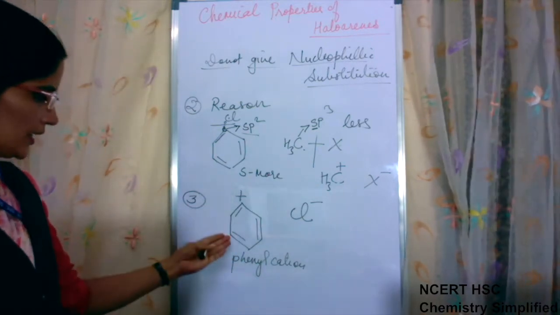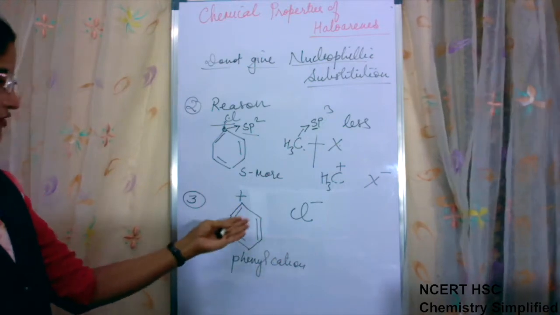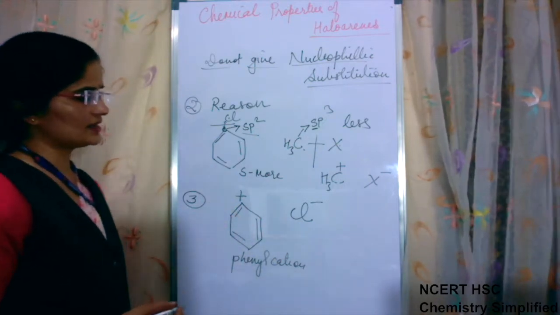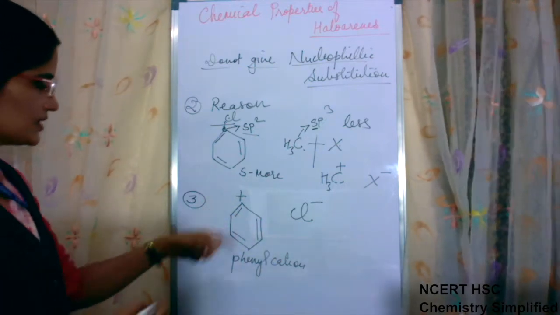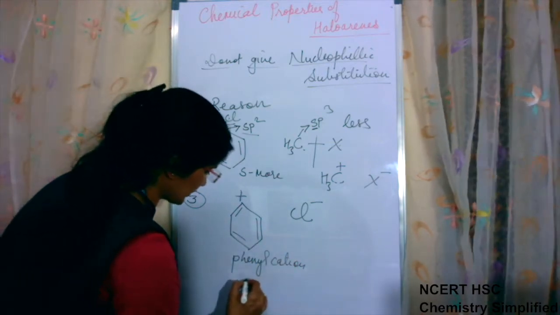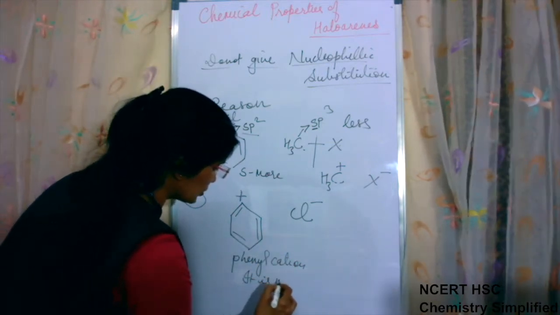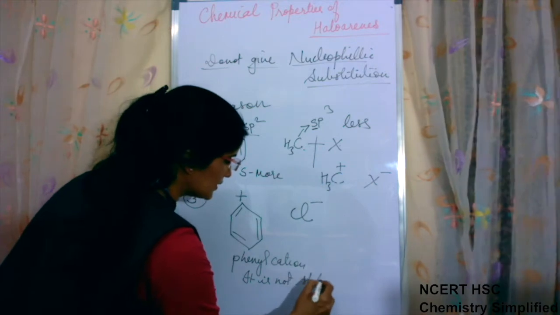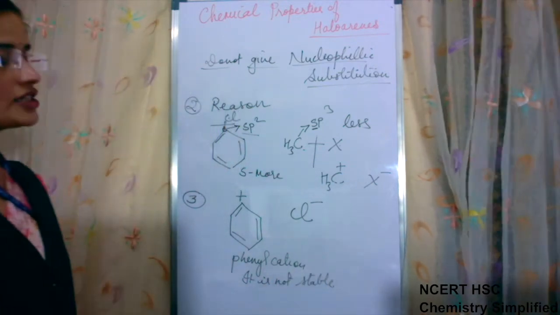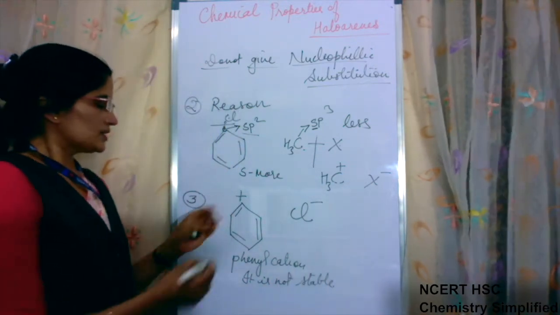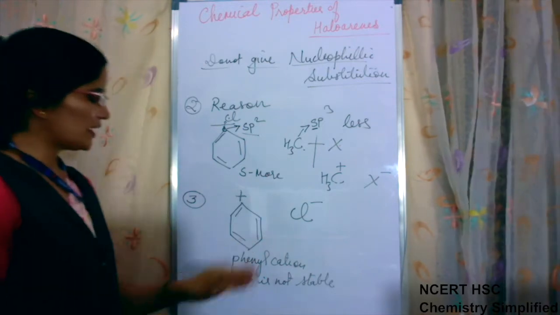Now the carbocation, the phenyl cation which is formed, is not stabilized by resonance. Hence this is not a stable structure. It is not stable. When the structure is not stable, it is not formed. Why is this not stabilized by resonance?